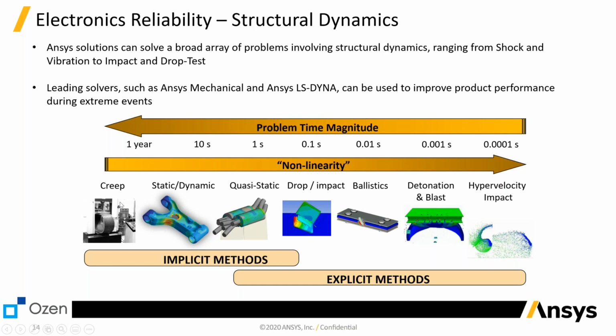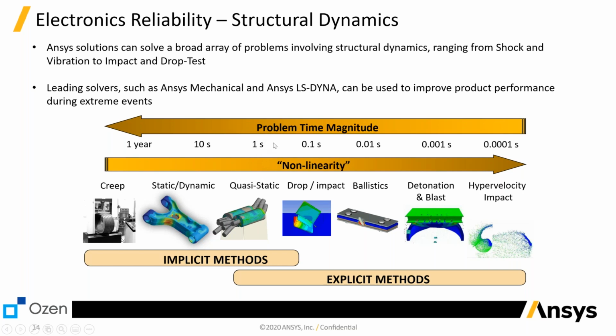And then ANSYS has both implicit and explicit capabilities. Where do these methods come in? Implicit methods and explicit methods overlap if there is a transient event that's happening of the order of, say, 1 second, for example.